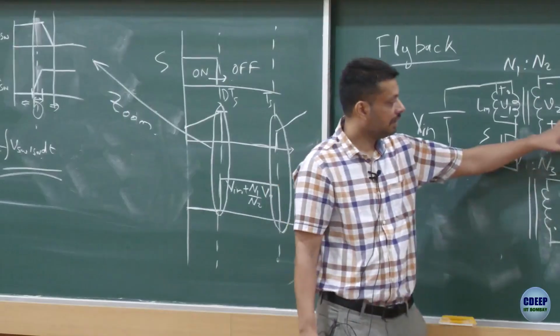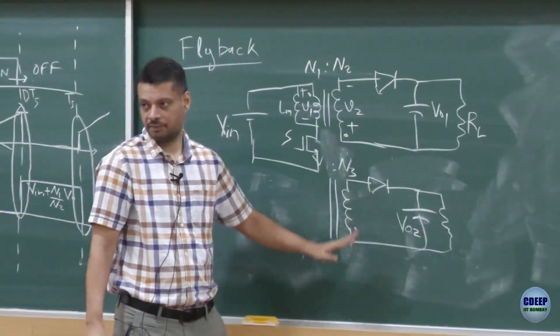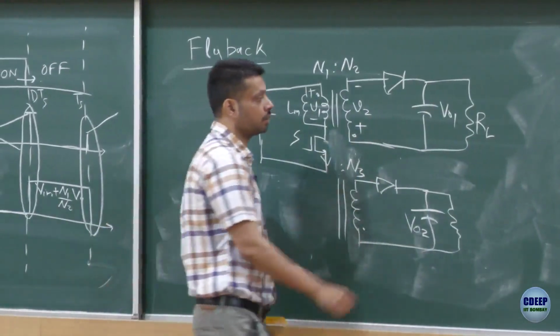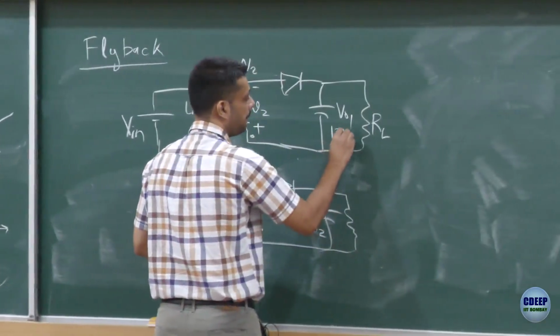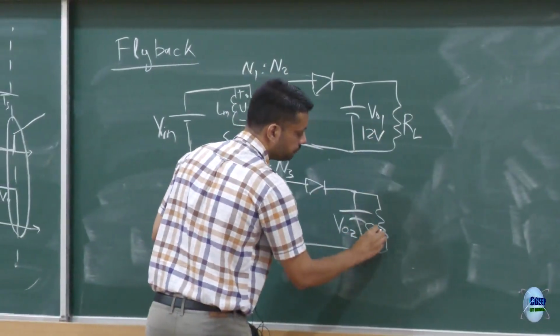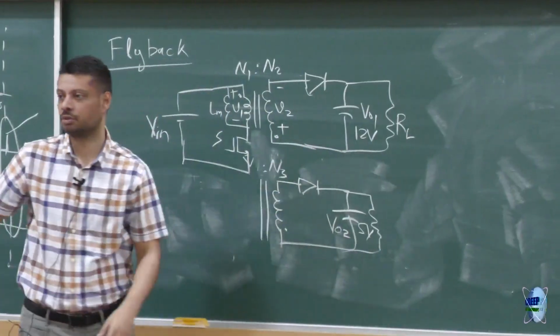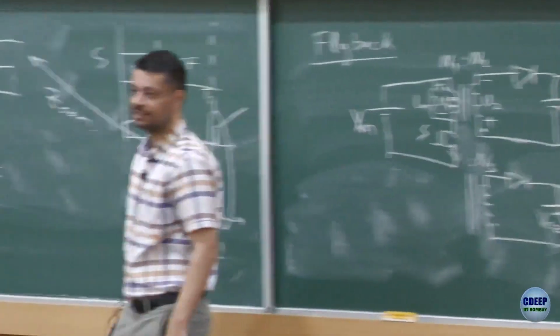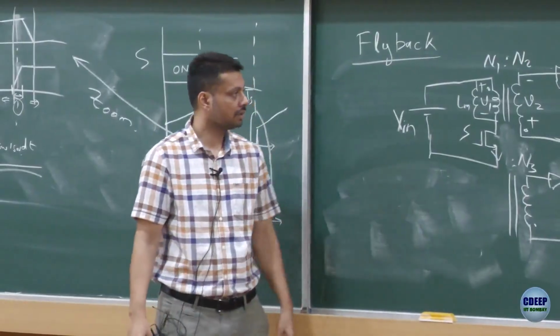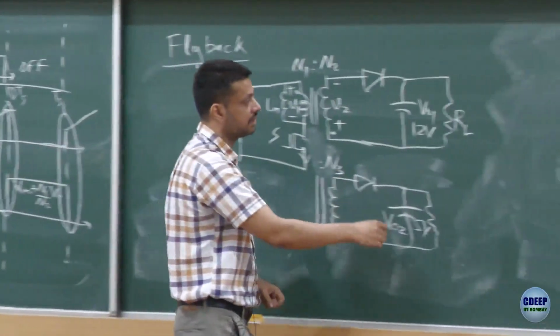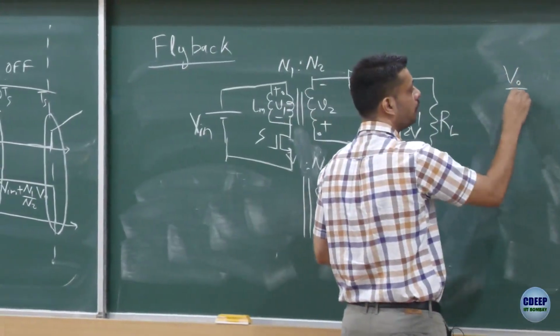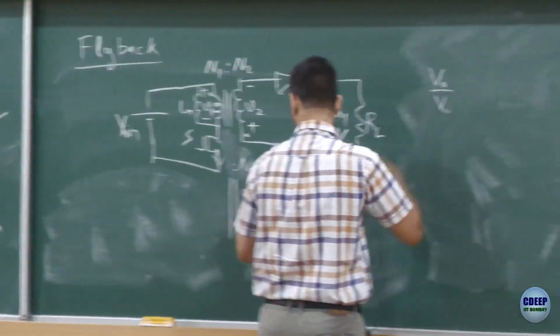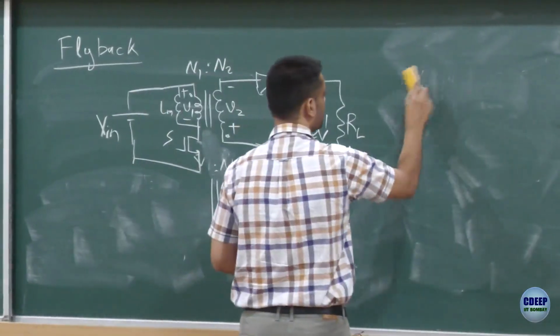Okay, now let's see a little bit how it works, right? For example, if you have 2 outputs, you want a 12 volt here and you want a 5 volt here, and then you want to use it to power up the rest of your ICs or circuits. How does it work? As you understand, the output voltage would be proportional to the turns, right?